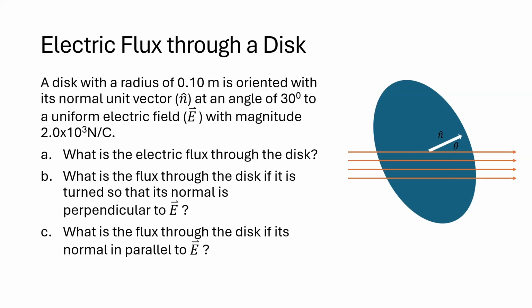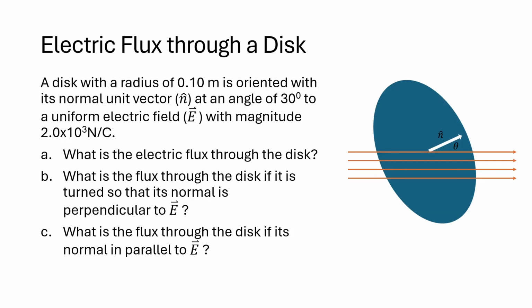So that is the normal or the normal line. As I said a while ago, a normal line is perpendicular to the surface area of the plane, which in this problem is the surface of the disk. So the normal line is at 30 degrees with respect to the electric field lines.